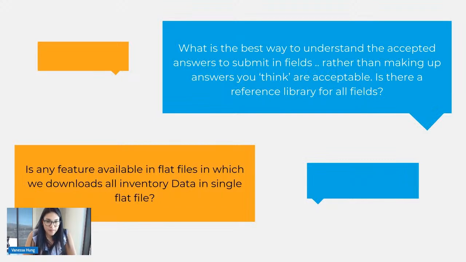Is any feature available in flat files in which we download all the inventory data inside a single flat file? Yeah, it's called the category listing report. We talk about that in number 1, number 2, number 3, and all over my social media channels. Category listing report is my best friend.